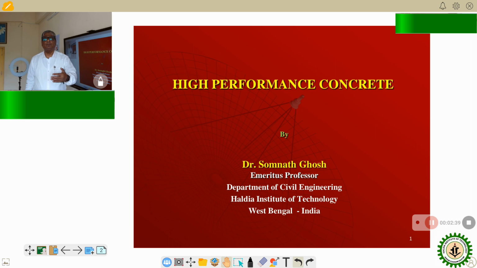Maybe you have heard about pump concrete. There it is very high flow concrete, and there are problems when you are pumping it to a particular level. You have to transport the concrete from the ground level to a particular level, maybe 100 meters above, through pumping, and that concrete should be cohesive.